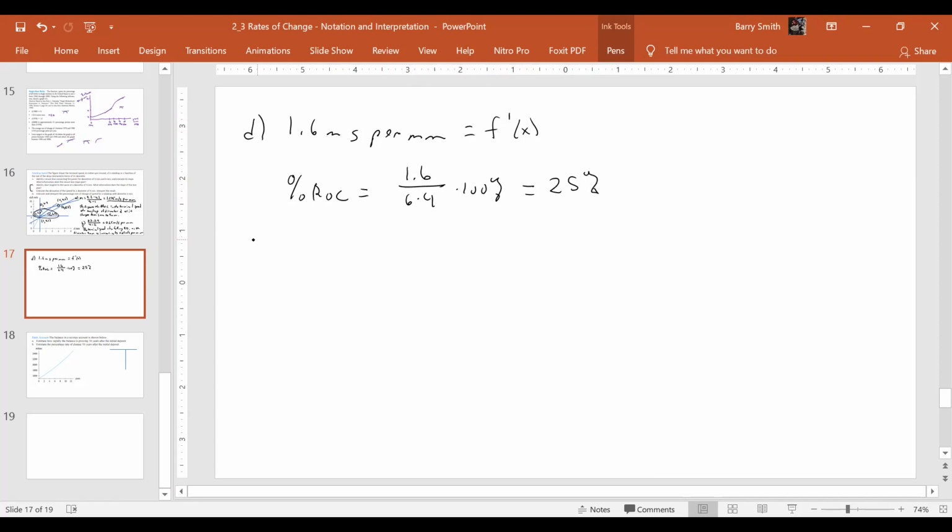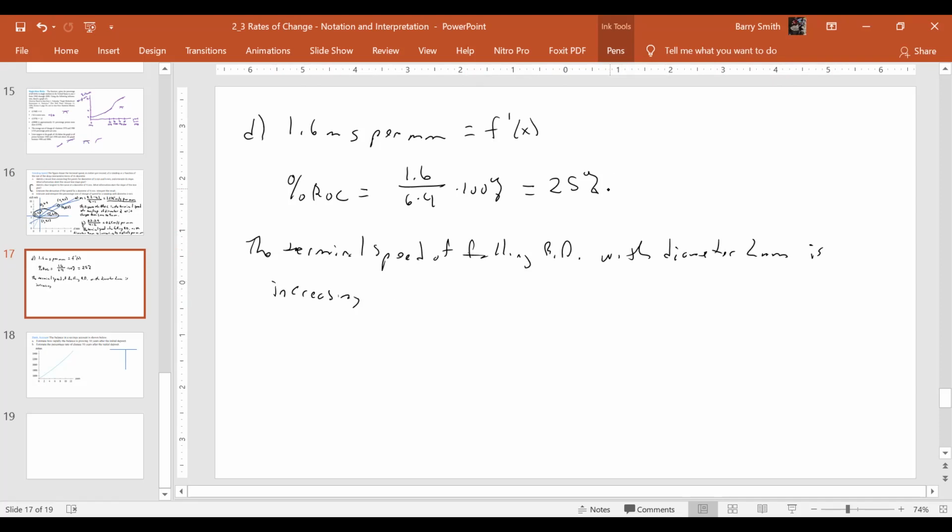And so what does this say? Well, it says the terminal speed of, what was it, falling raindrop with, now we were at diameter 2 millimeters, is increasing by 25% per millimeter, okay, at that 2 millimeter diameter.